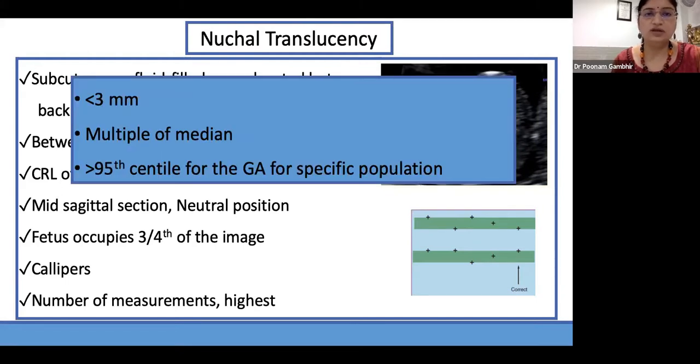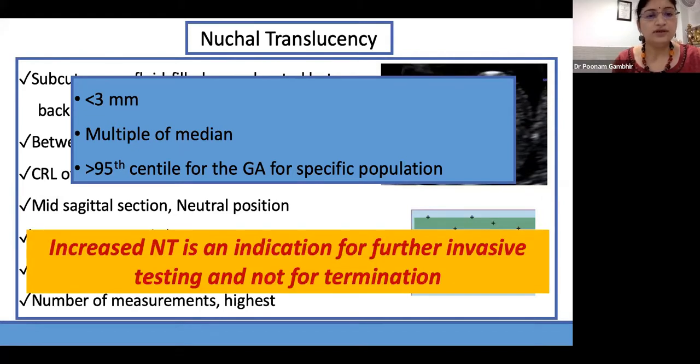Less than 3 mm is one criterion we take, but the most authentic is more than the 95th centile of the value of NT for that gestational age for a specific population, which is considered to be a high one. And increased NT is an indication for further invasive testing and not for termination.